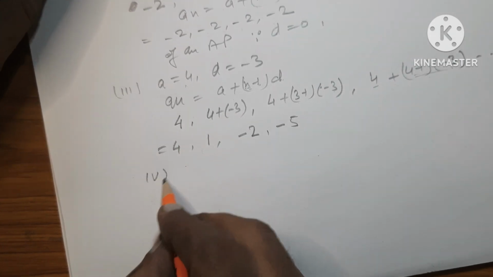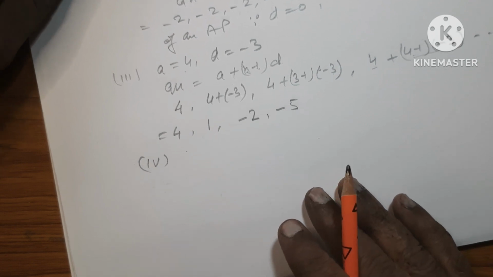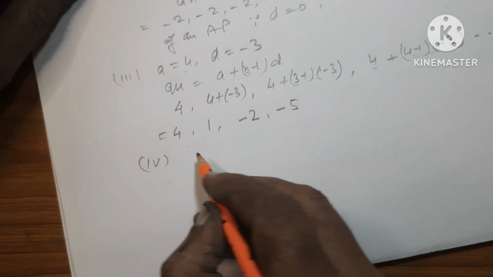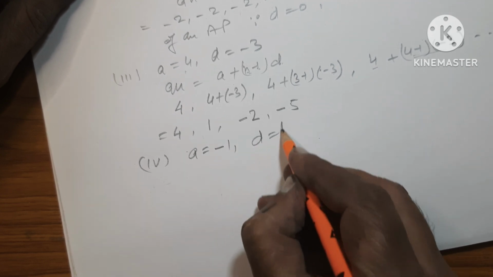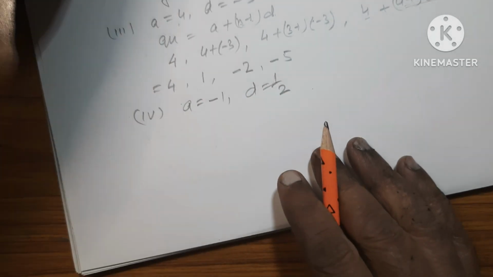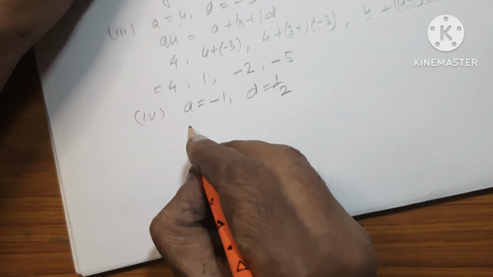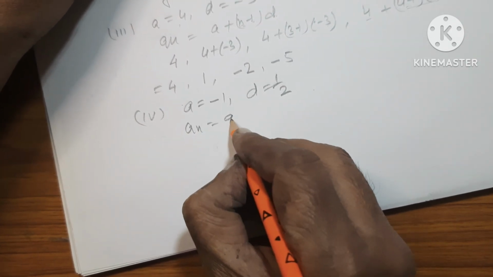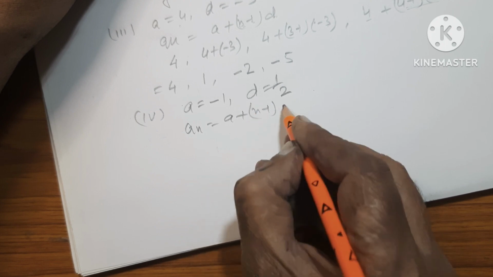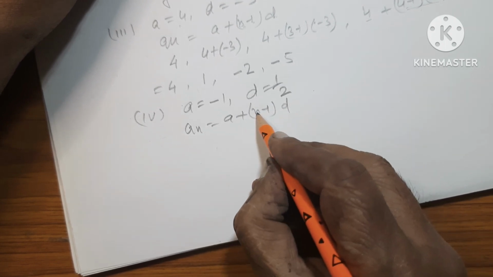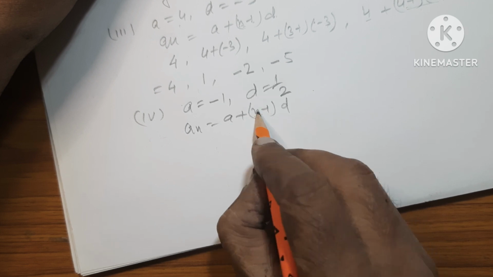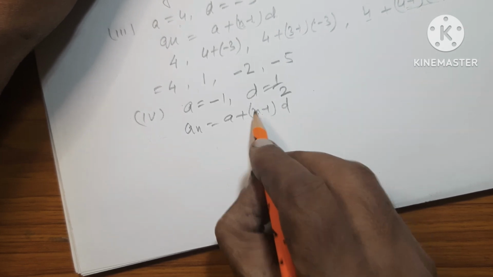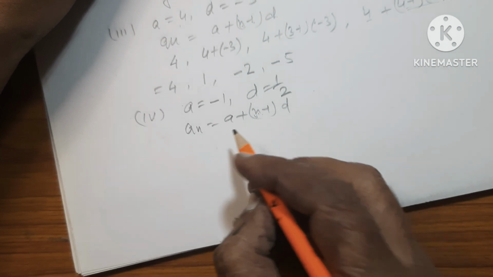Fourth part is A equals minus 1, D equals half. This is a simple question. So we'll use the formula a n equals A plus n minus 1 into D. We'll put the values of n: for the first term we'll write 1, for the second term 2, for the third term 3, for the fourth term 4.